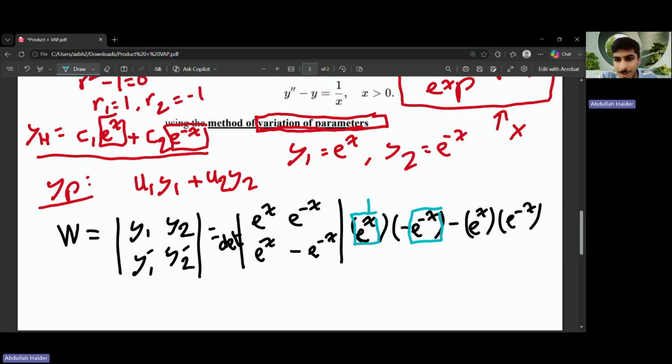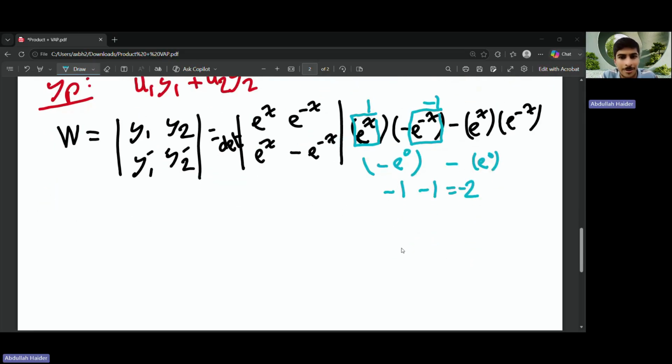So assume this is 1, this is minus 1, so 1 minus 1 would be, like, this will become negative e power 0, and then same here, x minus x will be e power 0. So you have minus 1 minus 1, which is equal to negative 2. So this is how you find the Wronskian.